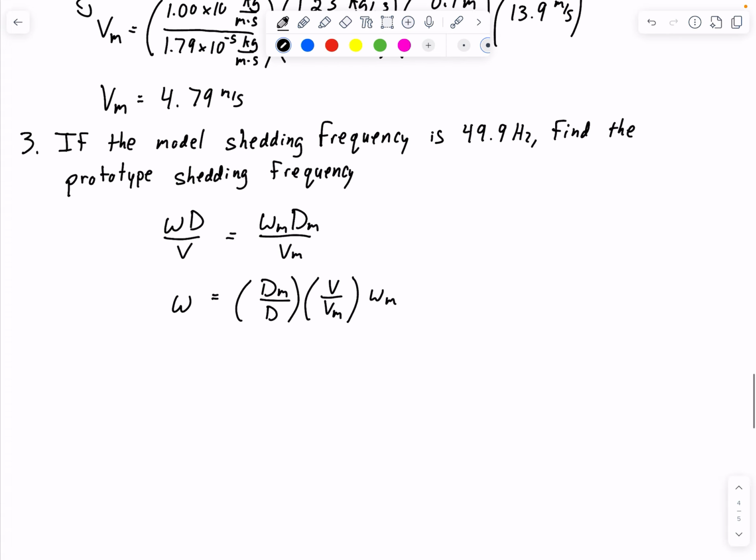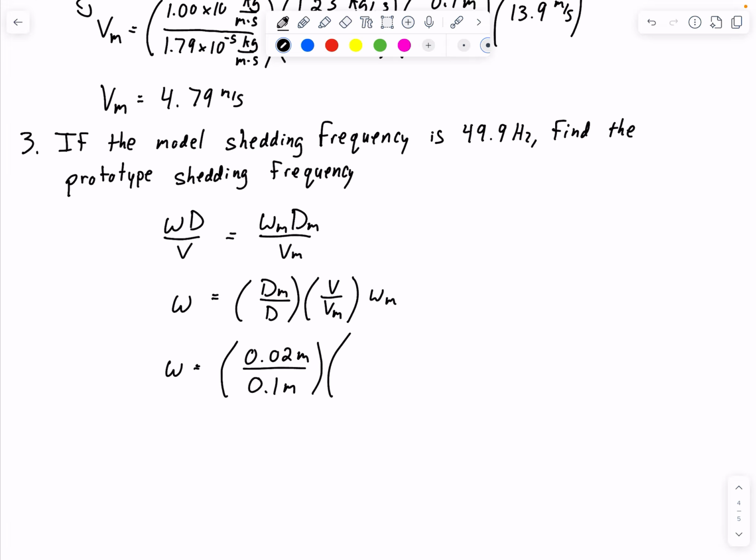So now we can plug in values here. Omega is equal to Dm, which is the diameter of the model, which was given to us, divided by the diameter of the real thing, the prototype.